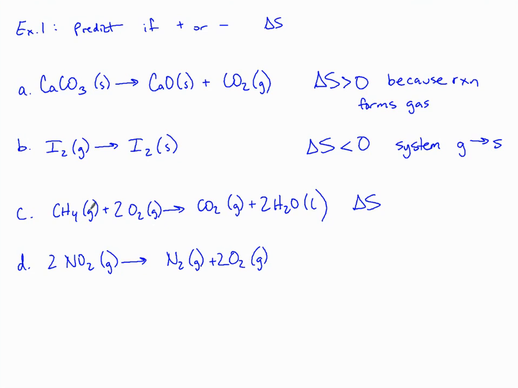So here we have 3 moles of gas basically, and over here we only have 1 mole of gas. The liquid has a lower absolute entropy, and so delta S is less than 0, since there are fewer moles of gas in the products.